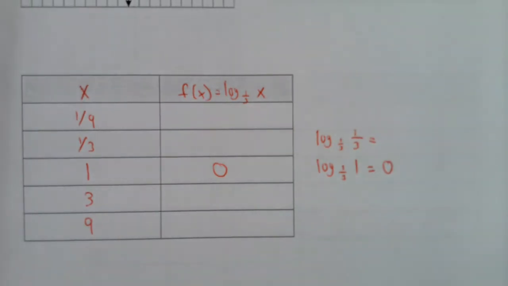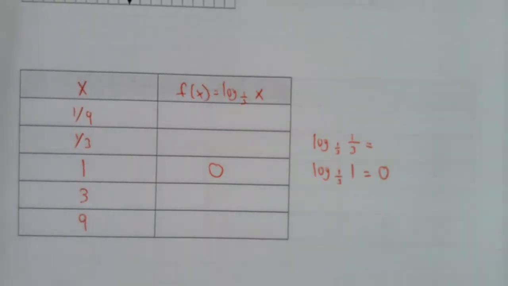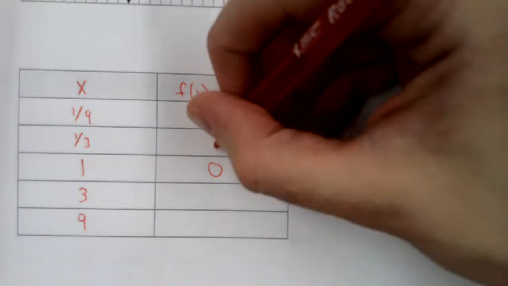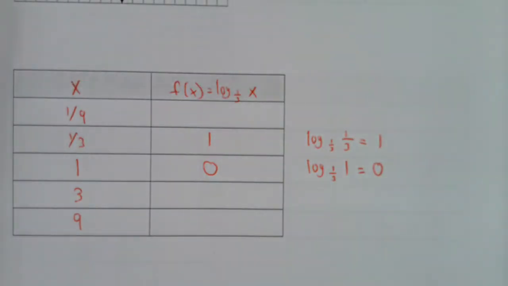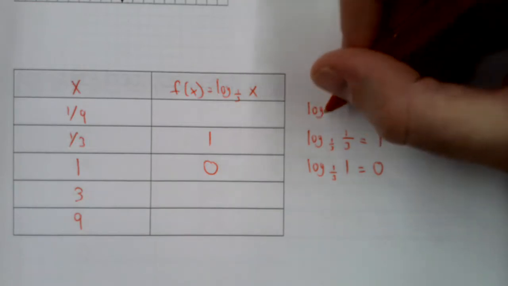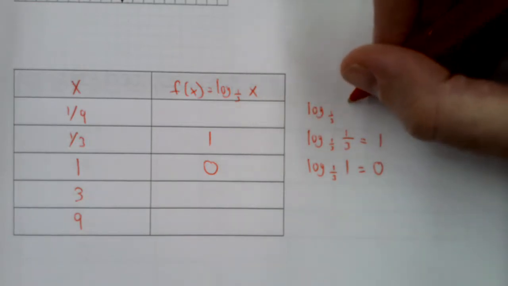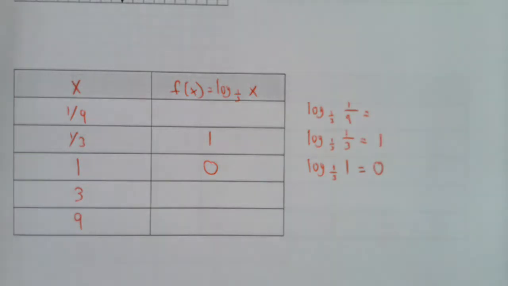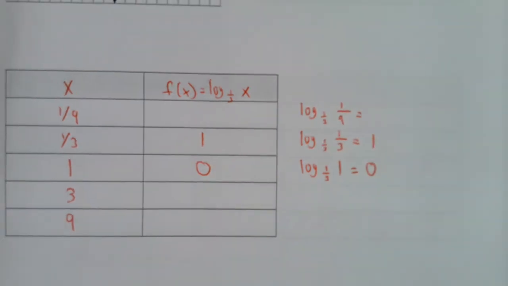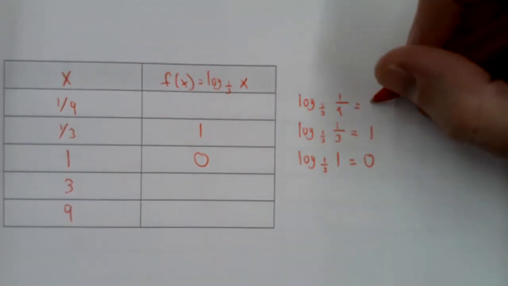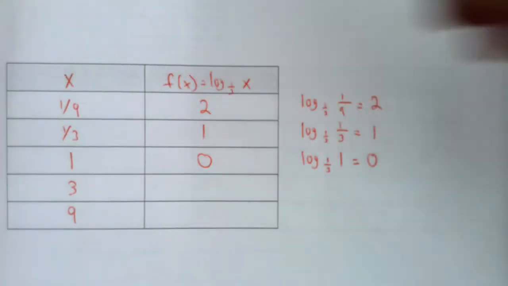That's saying 1/3 to what power equals 1/3? And the answer is 1. How about log base 1/3 of 1/9? That's saying 1/3 to what power equals 1/9? And the answer is 2. 1/3 times 1/3 is 1/9.